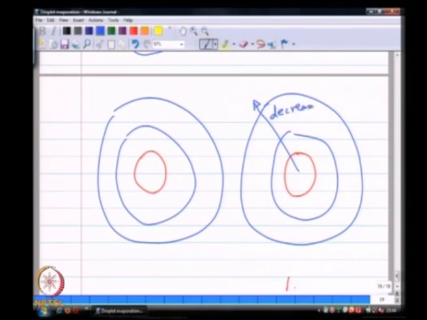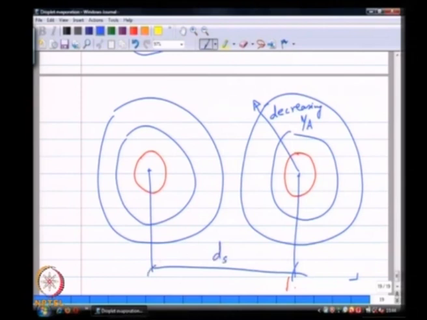Each circle is a contour of constant Ya and of a decreasing value of Ya away from the center. So, if the droplet spacing is very large in comparison to the size of the droplet, or this r sub h.